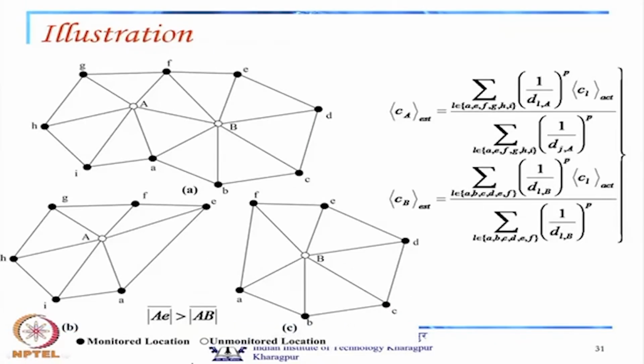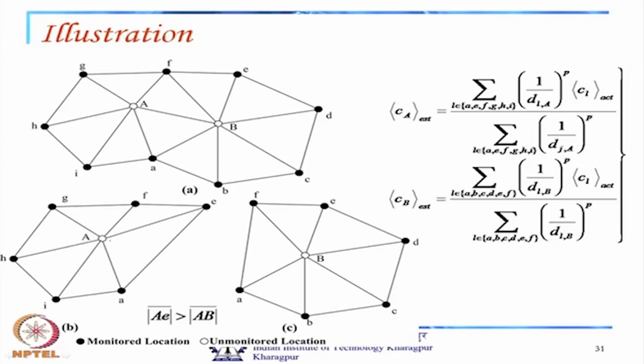One illustrative example: let us say we have this configuration where A and B are two unmonitored well locations, but at the other locations we have monitored data.